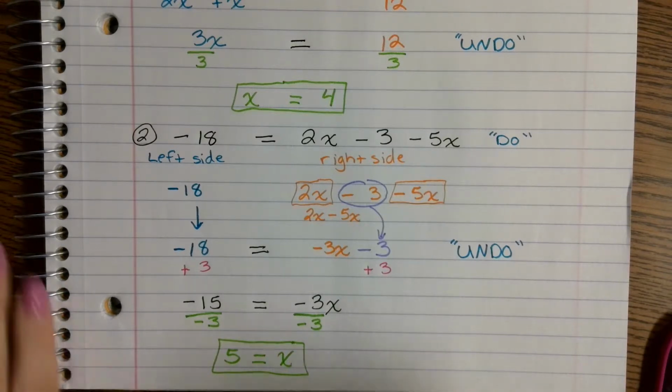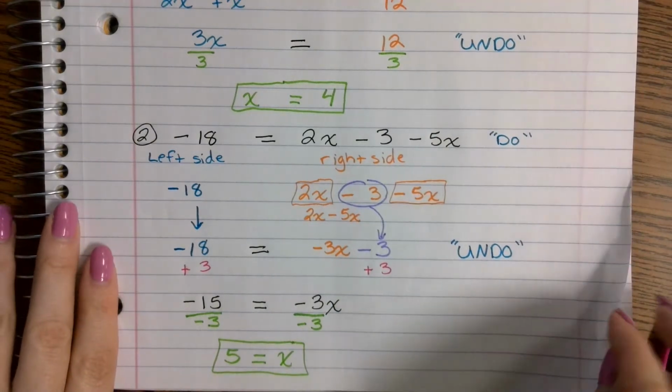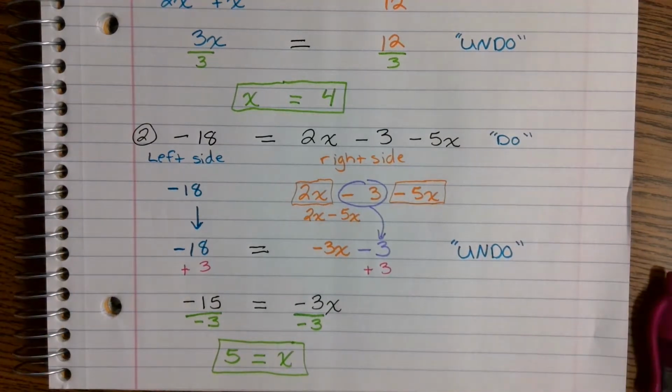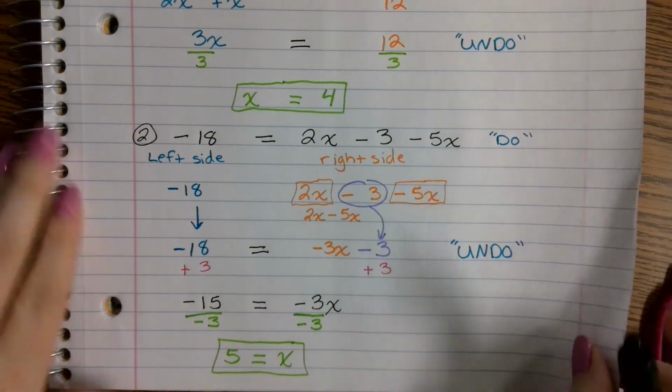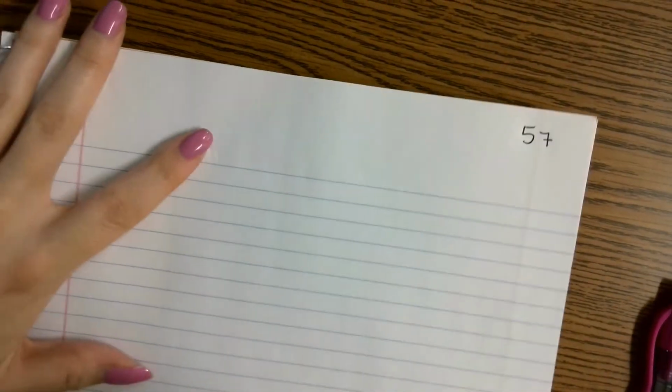All right, let's go on to page 57. Page 57. That should be page 56 right there. Because that was page 56. I already let people go at the beginning of class, babe.